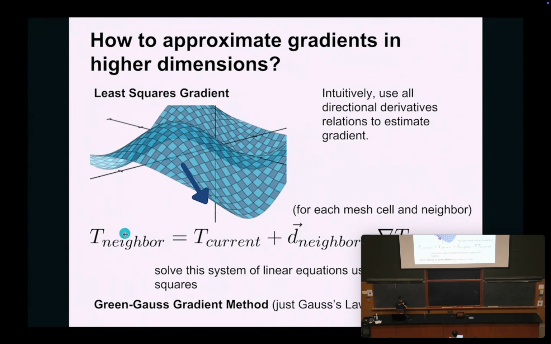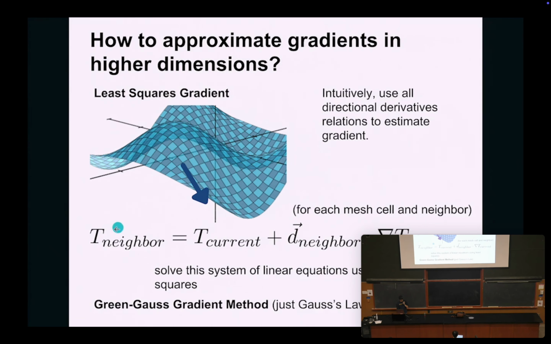But we have this one relationship. Intuitively, T current is the temperature in the center of one of these cells, and then I take a directional gradient to the neighbor, going to the side there. That's one relationship, and we do this for all four of its neighbors, so we have 4 expressions.